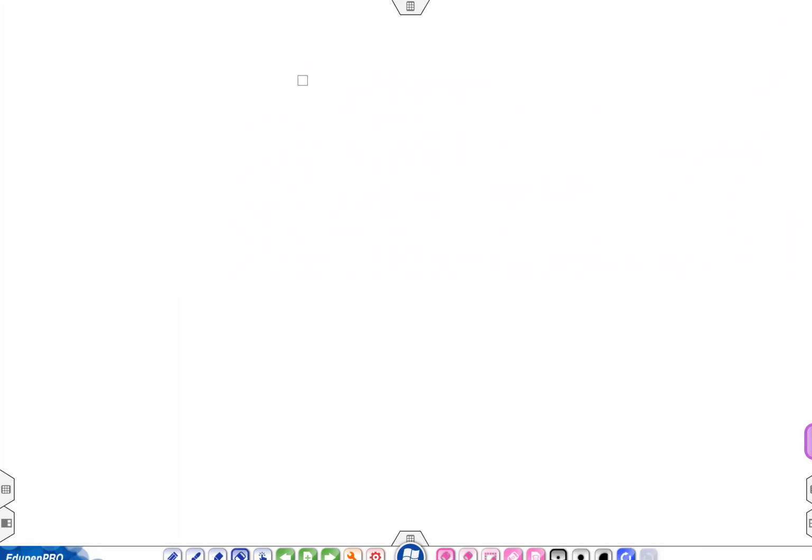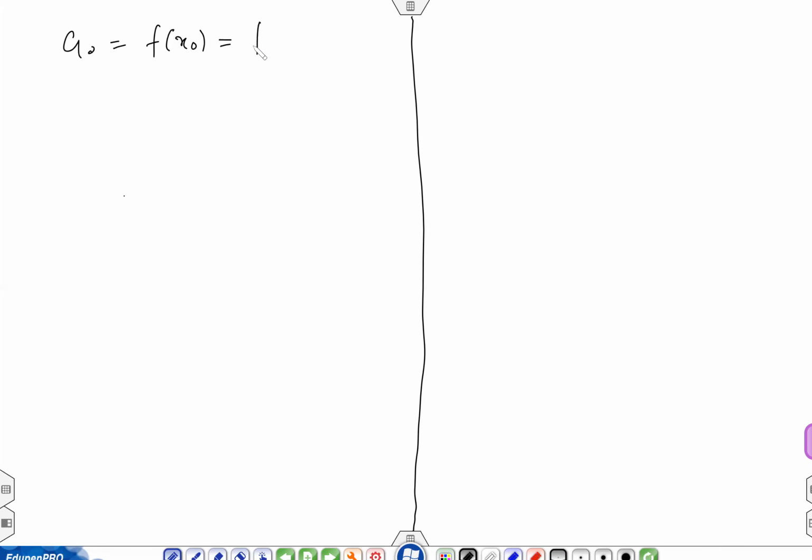I just want to divide the board into two parts. So a0 equal to f of x0. I'm writing this in the form of a square bracket, f[x0]. This is called the 0th order divided difference. Both are the same; only this is the notation we are using here.